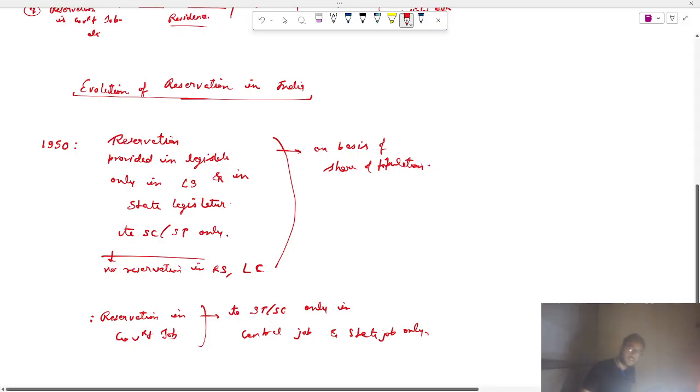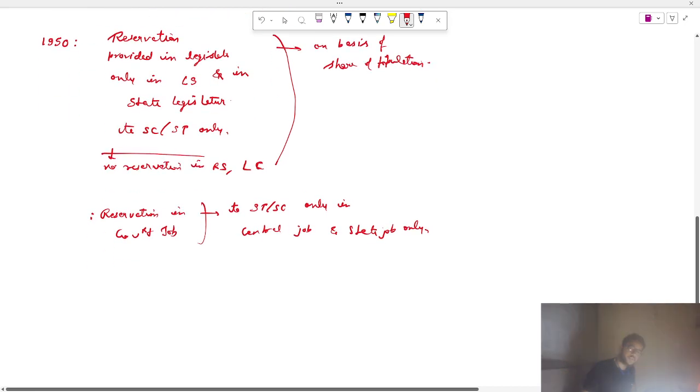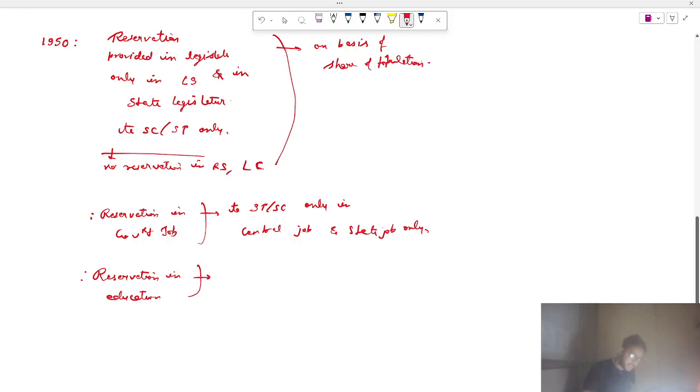Now, reservation in education. In central institutions, no reservation was given to any community, at the central level, at central universities.